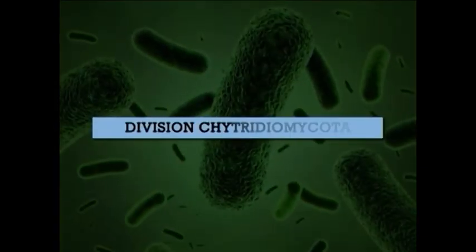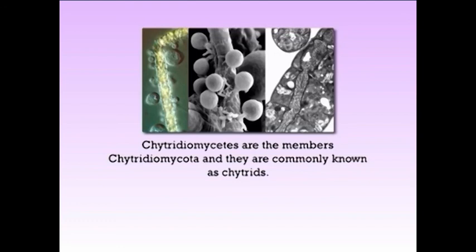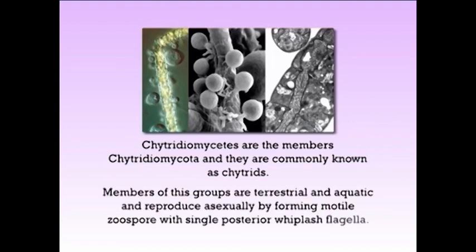Next, we'll see the division Chytridiomycota. The Chytridiomycetes are the members of this division and they are commonly known as chytrids. Members of this group are terrestrial and aquatic and they reproduce asexually by forming motile zoospores with a single posterior whiplash flagellum.